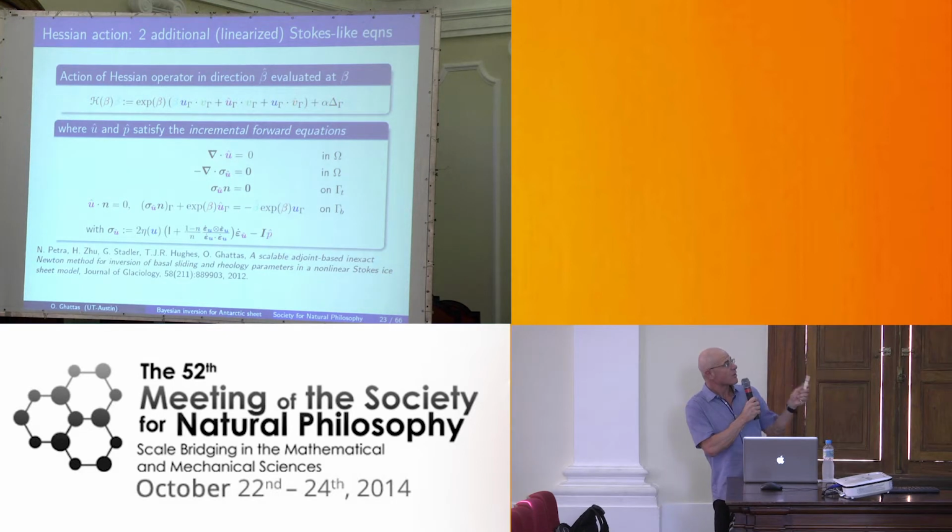However, what we can do is form the action of the Hessian in a direction, and it turns out to have this expression. If you apply the Lagrangian formalism one more time, you can derive it. It looks very much like the gradient expression. There are a few extra terms, and they come from the magenta variable, u hat, which comes from solving an incremental forward equation, and then this orange variable, which is the incremental adjoint.